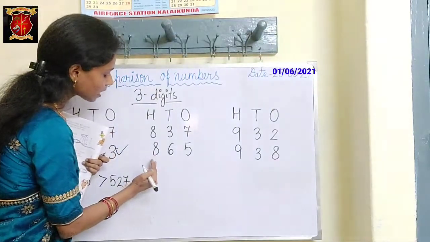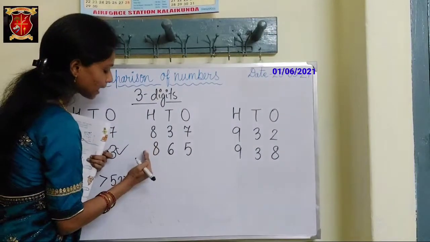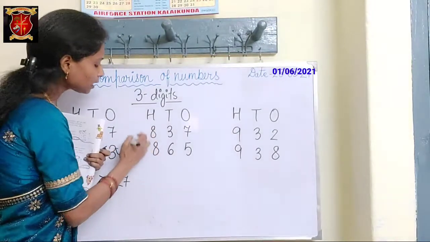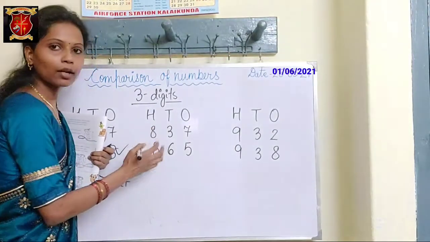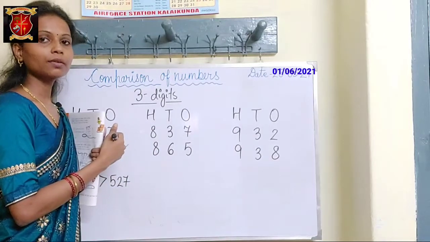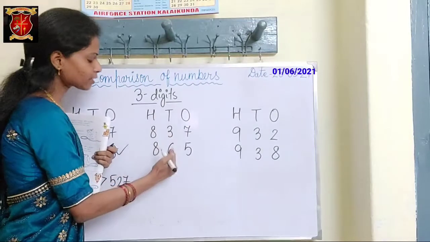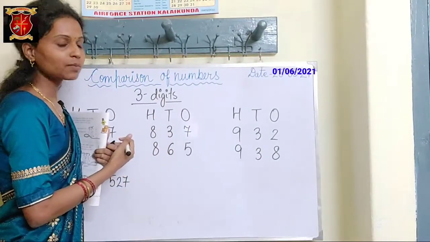So let's see the number in hundreds place. 8 and 8. Both the numbers are same. When both the numbers are same, we cannot find out which number is greater. So we will move to the next place, that is tens place.